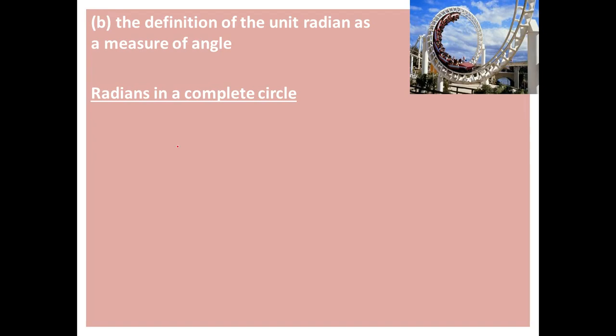Applying that to a complete circle, so any object that does one complete loop will have turned through an angle of 360 degrees. And we're very familiar with working in those degrees, but we need to be able to do that in terms of radians. So we use that equation of the radians being equal to the arc length divided by the radius. Now the arc length for a complete circle would be equal to the circumference.